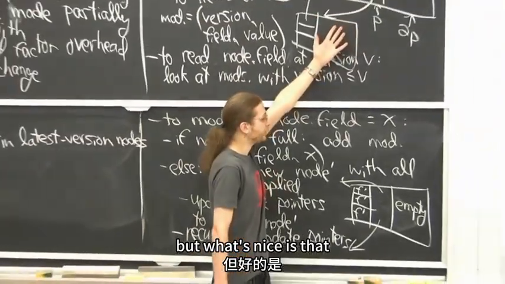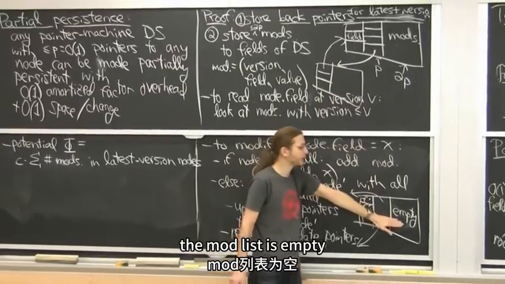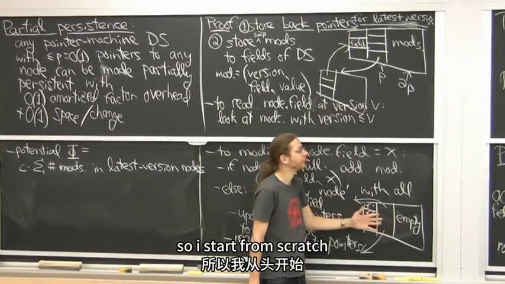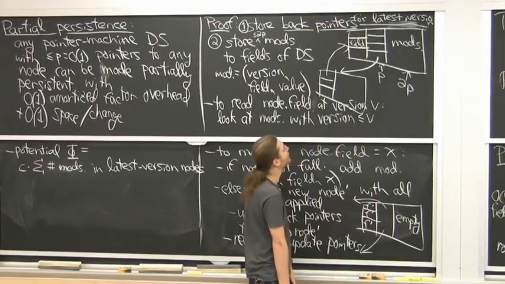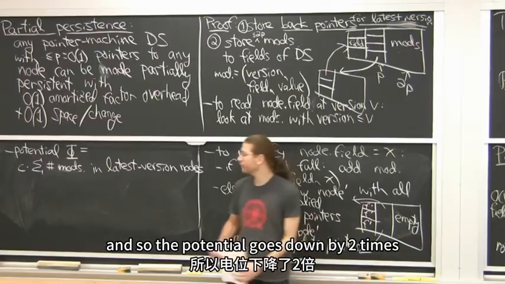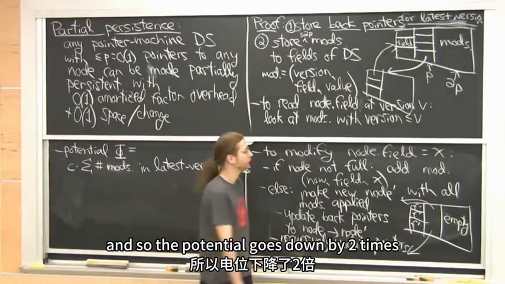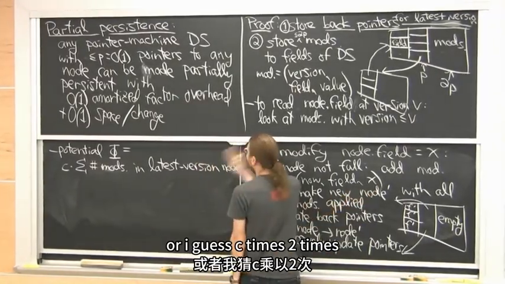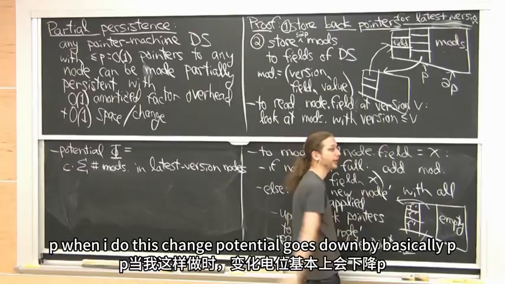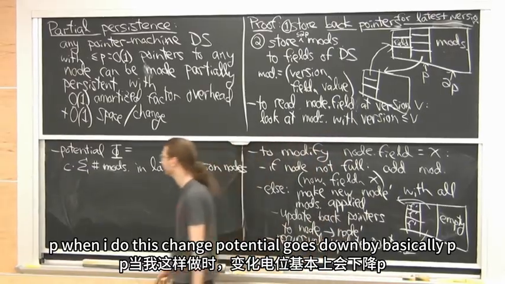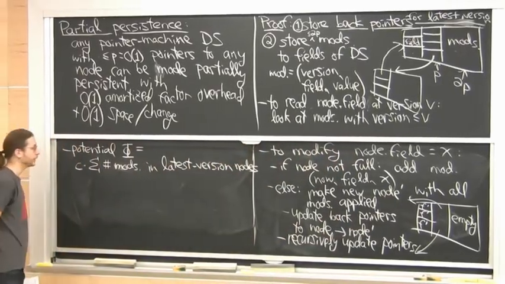But what's nice is that when I create this new node, now the mod list is empty. So I start from scratch, just like reinstalling your operating system. It's a good feeling. And so the potential goes down by 2 times, or I guess C times 2 times P. When I do this change, potential goes down by basically P. Any constant?